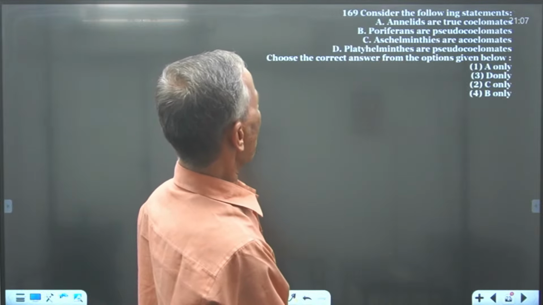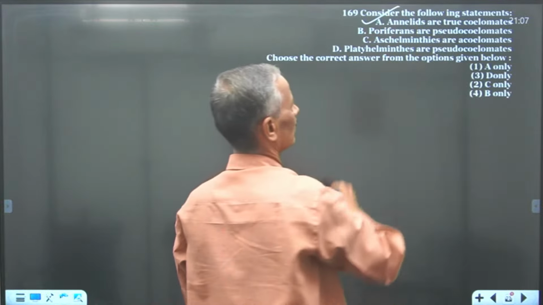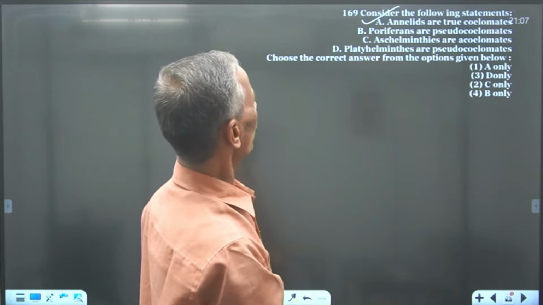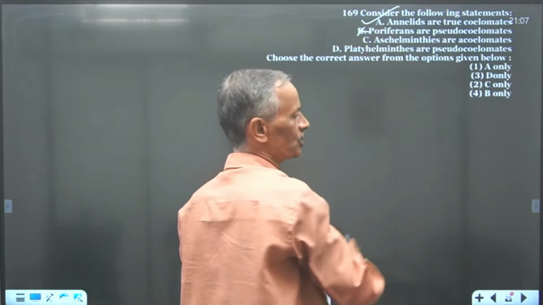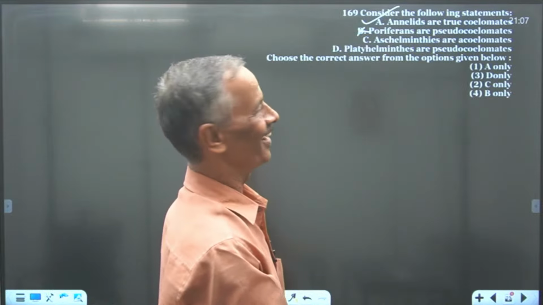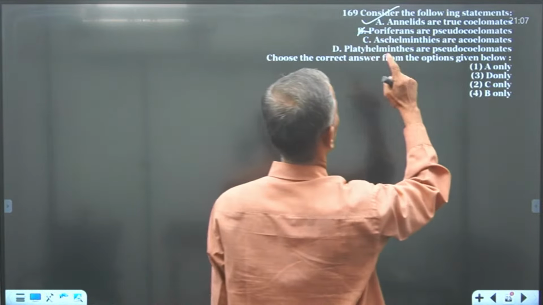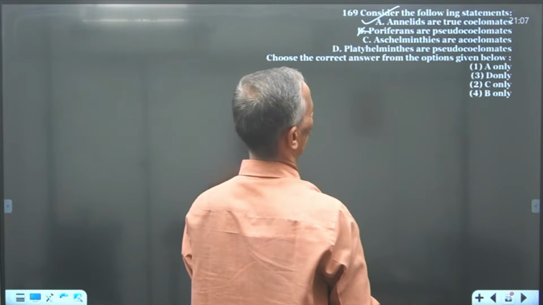Statements. Annelids are true coelomates. Yes, they are all eucoelomates. Poriferans are pseudocoelomates. Poriferans are having only tissue grade of organization. No, they are having only cellular grade. Poriferans are having cellular grade. Aschelminths are acoelomates.